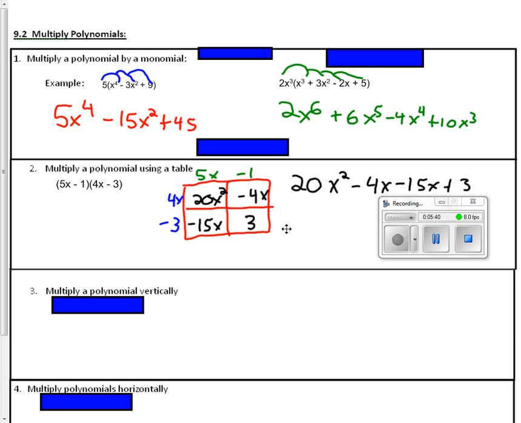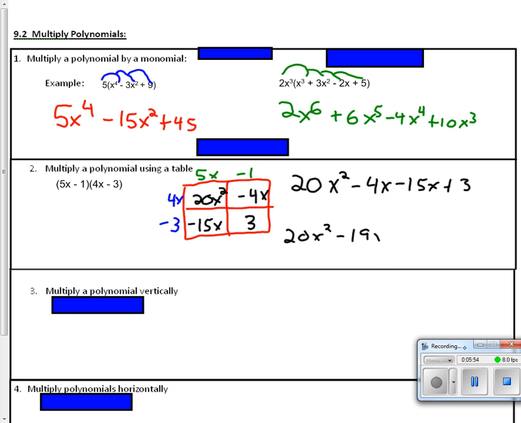And going through, we get our answer of 20x squared minus 19x, and finish off with plus 3. And there you go. So when we take these two binomials and multiply them together, we end up getting a trinomial. Alright.